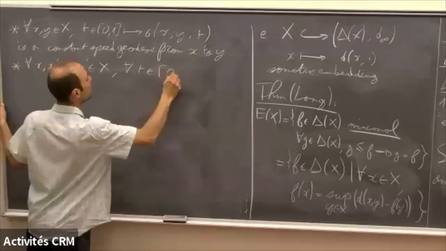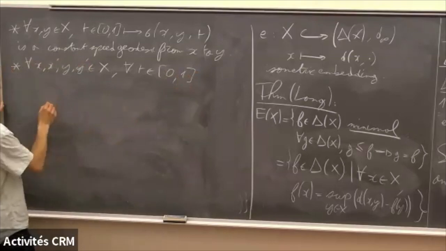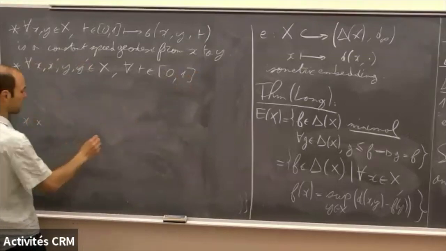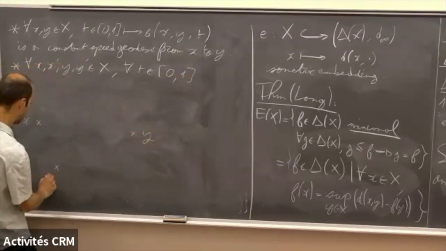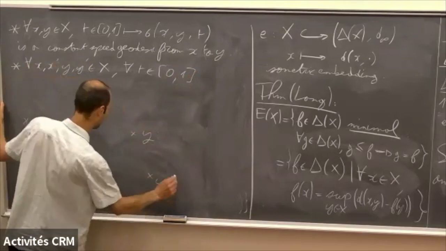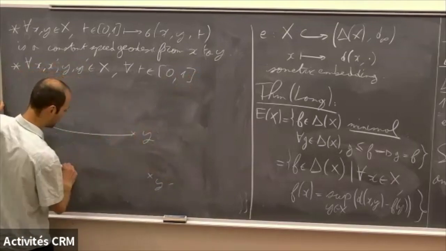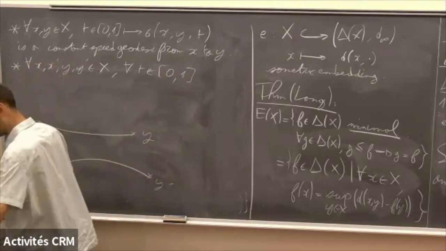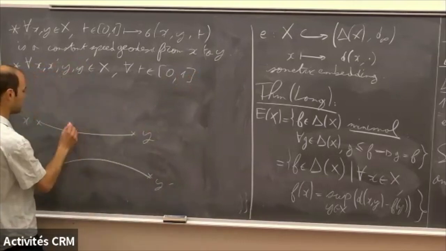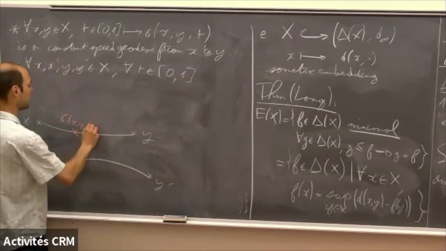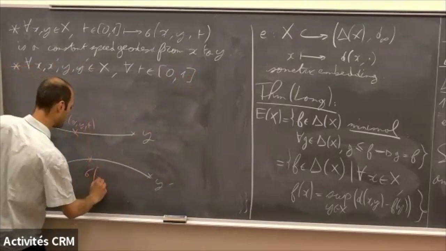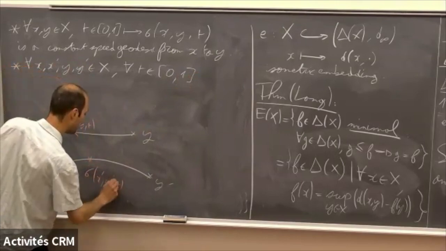For any two pairs of points, X, Y, X prime, and Y prime, I look at the sigma path between the two, and I look at sigma of X, Y, t here, and sigma of X prime, Y prime, t here.